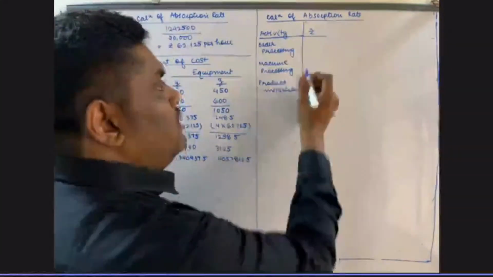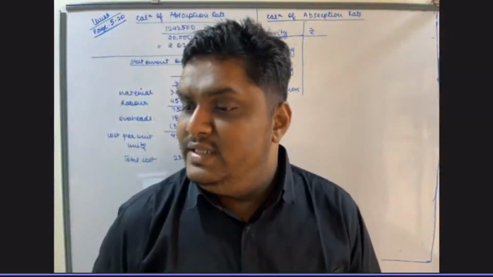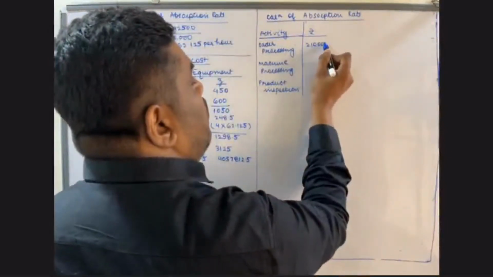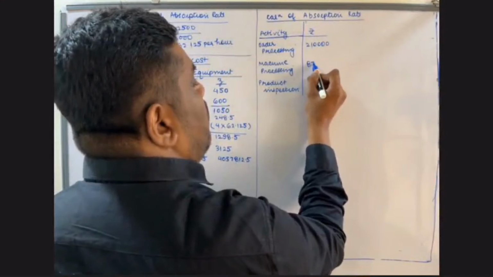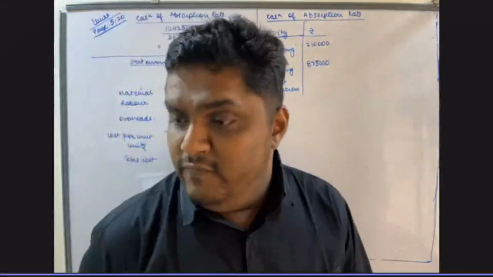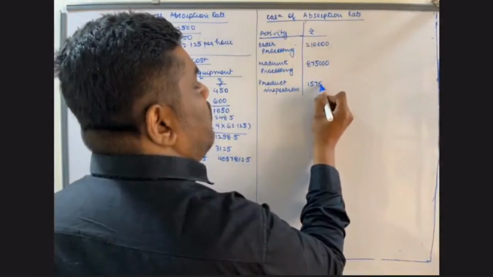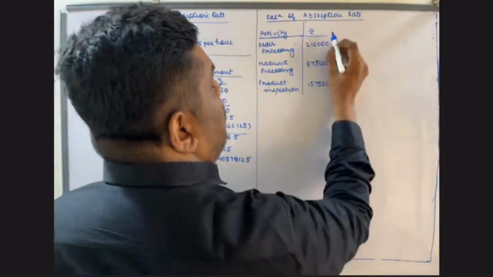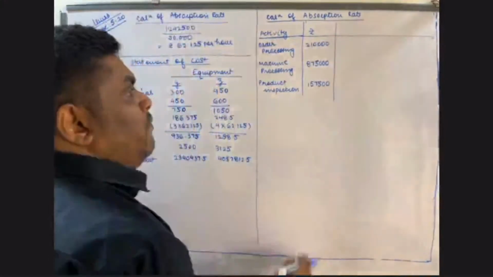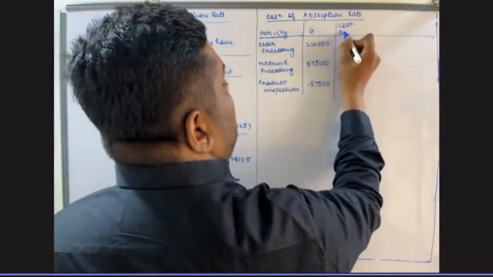When talking about the cost relating to these activities given in the question, 2,10,875 and 157,500. Now the next part, that is what all cost drivers are there.